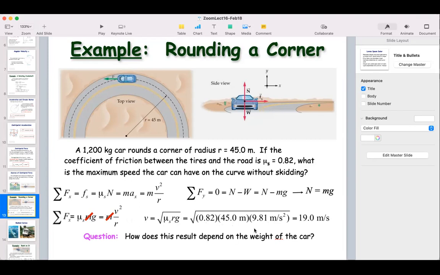I substitute the values and I found 19.0 meters per second. And we see that the result does not depend on the weight of the car because the mass goes away. So it depends really on the friction, on the radius, and of course, gravity, which is the same for everyone.